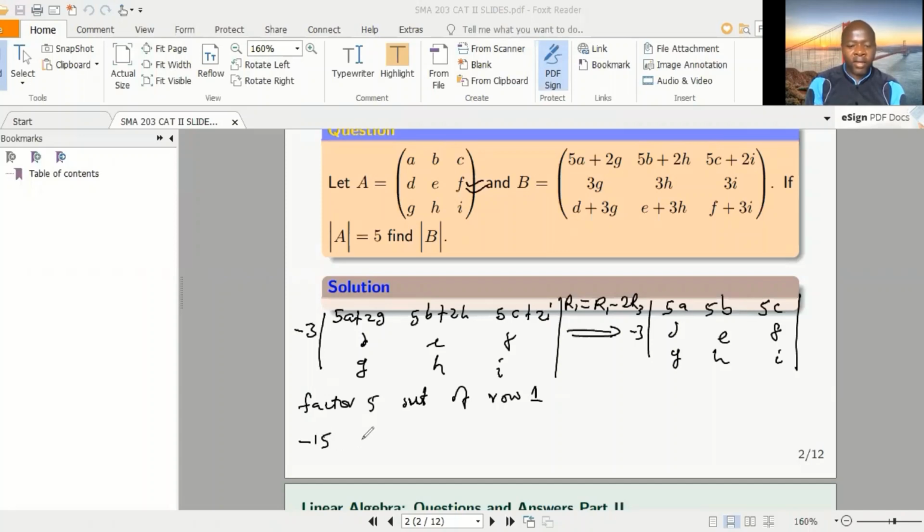So 5 goes out, so that 5 times negative 3 gives negative 15, and what I will have here will be A, B, C, D, E, F, G, H, I. And what you see is that what we have here is A. But we've been told what the determinant of A is. The determinant of A we've been told is 5. And so that means that the determinant of B therefore is negative 75.